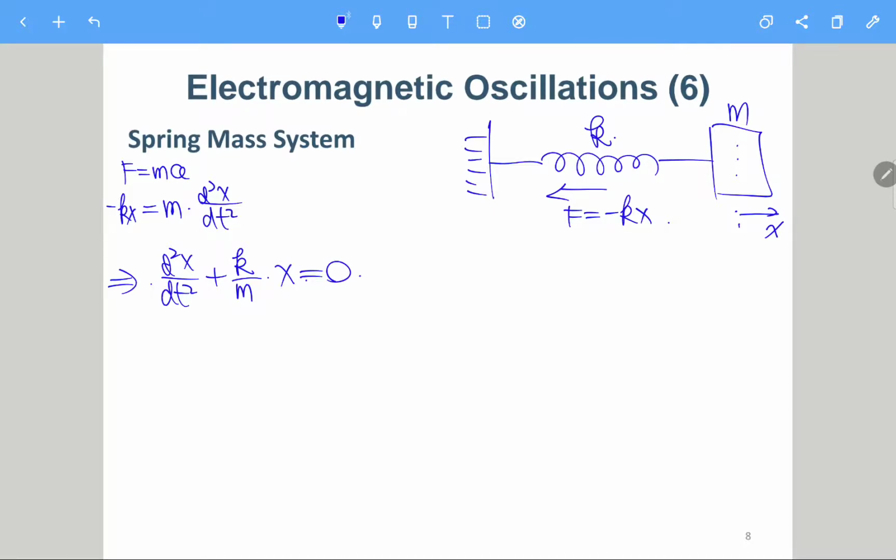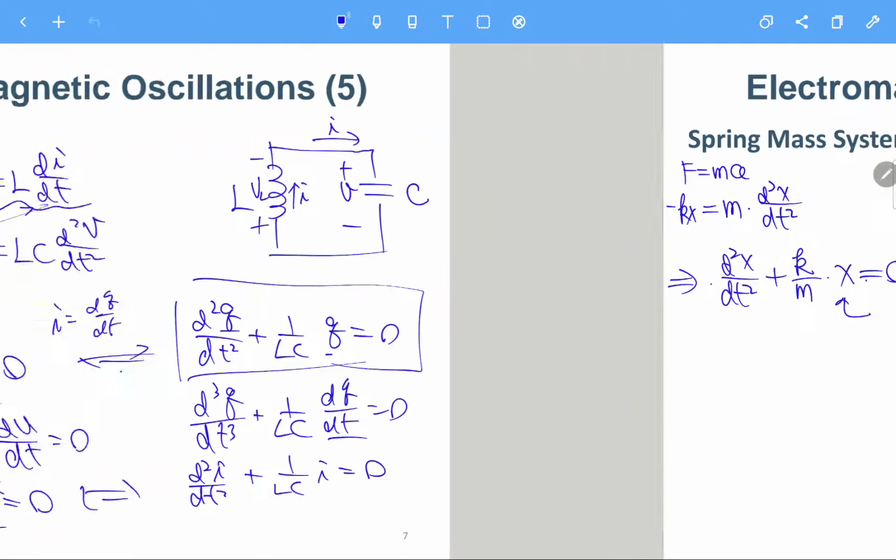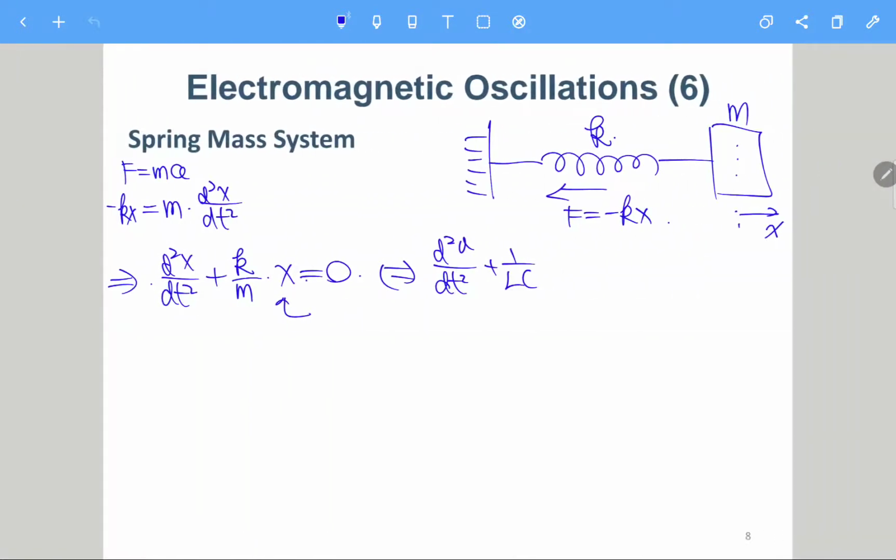This is still a second order ODE with respect to x rather than V or I or Q. Comparing with d²V/dt² plus 1 over LC V, something like this.